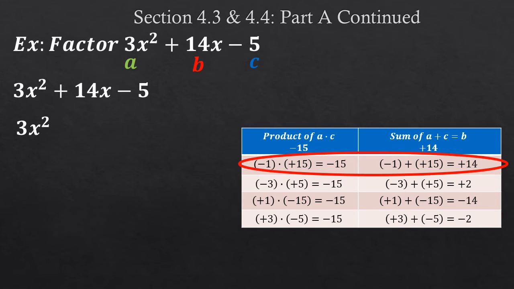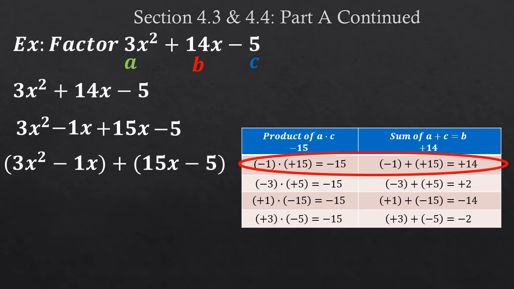We're going to go and rewrite those in terms of x. So 14x is now rewritten to be 3x squared minus 1x plus 15x minus 5. Once again, this creates 4 terms, which means we have to factor by grouping. Step 1 of the process says we group them. Step 2 of the process says we find a GCF for each section, starting with the first section. That would be x.